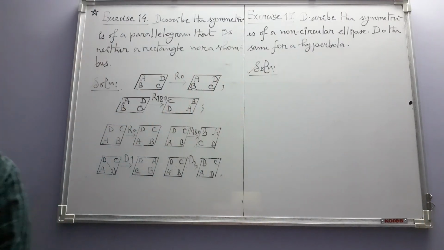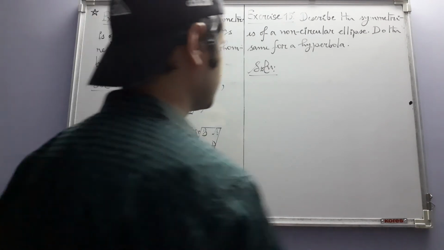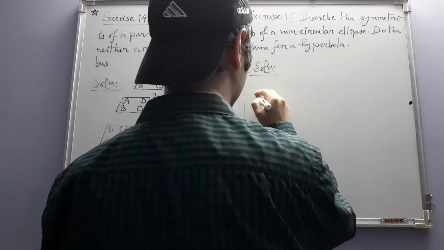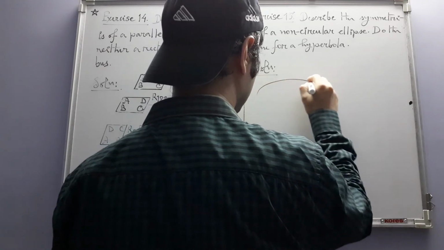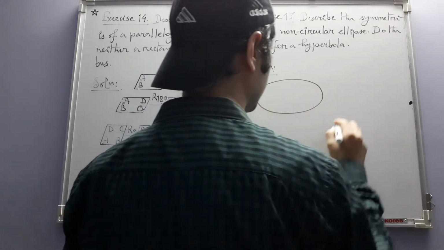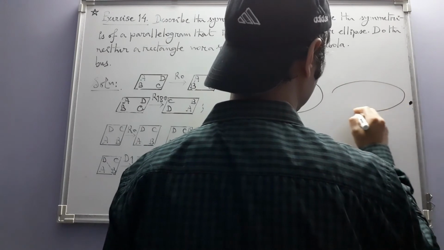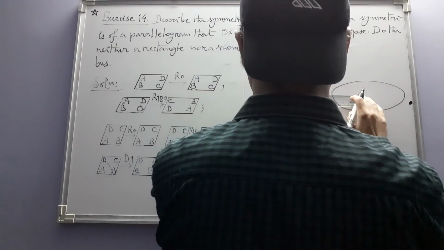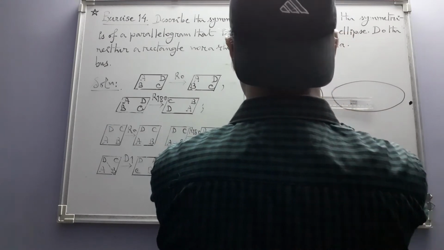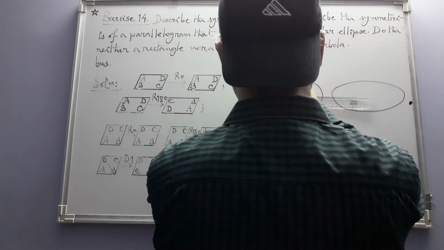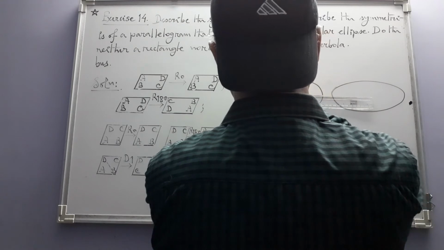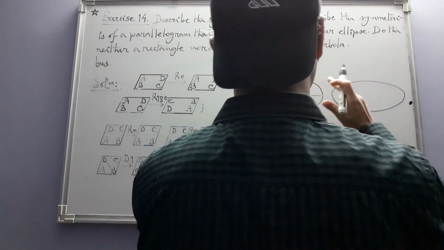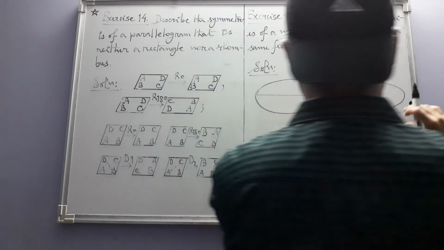So here we have to identify points. Okay, this is going to be as bad. I'm trying to make it as good as possible, but you can already see that it's tilted this way.